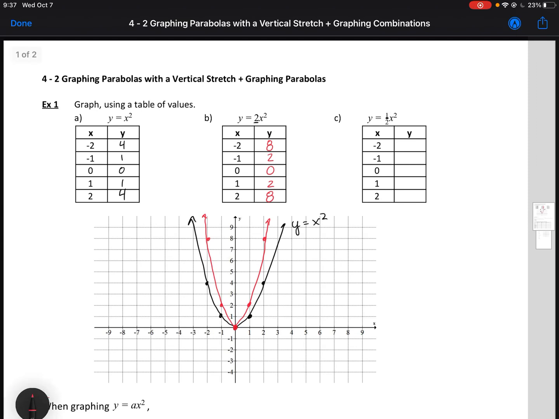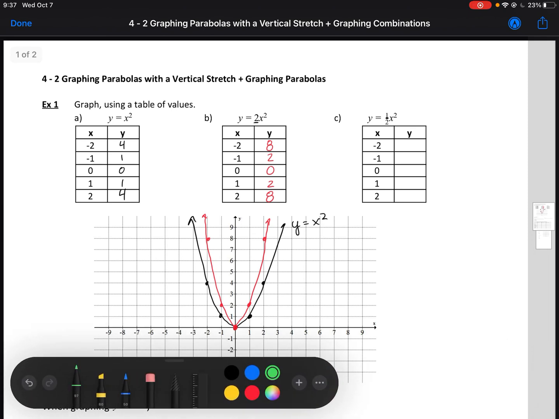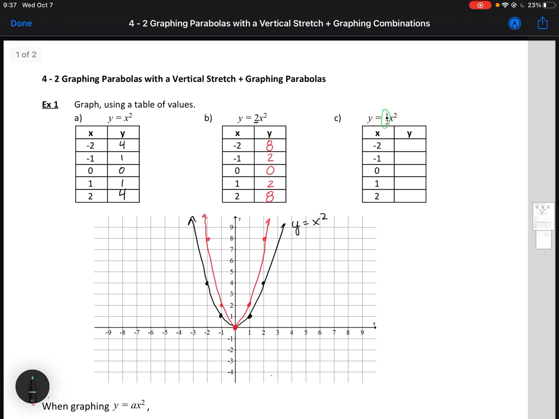The last one that I'm going to do here, I'll do in green. Now you notice I've got a fractional coefficient in front, so I'm going to take my x value, square it, and then divide by 2. So I'm going to get 2, 1/2, 0, 1/2, and 2, and then I can plot this on my grid.